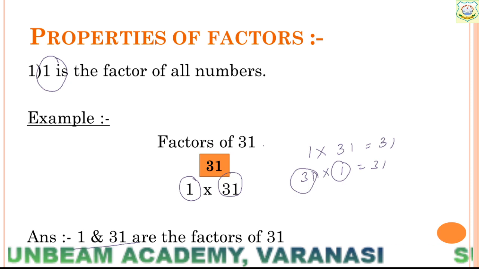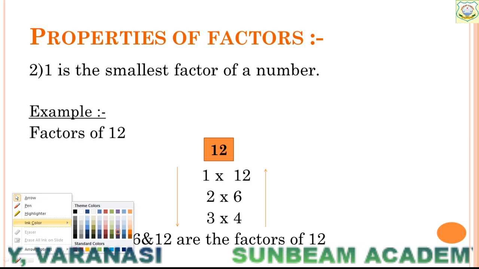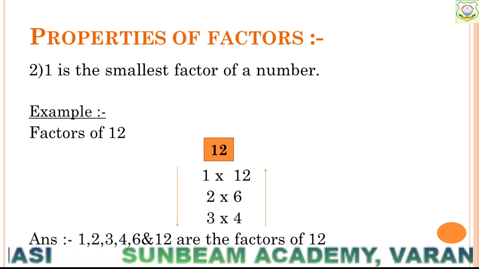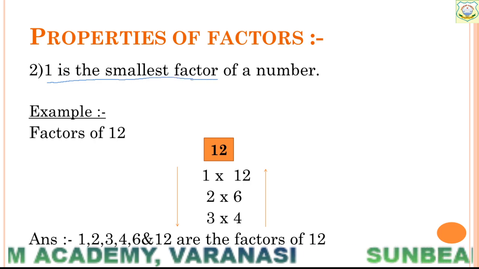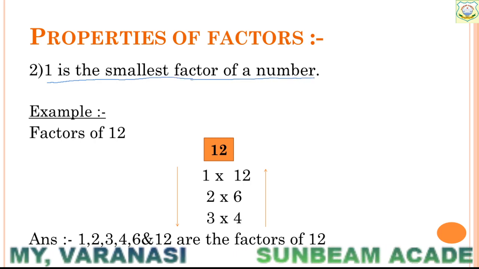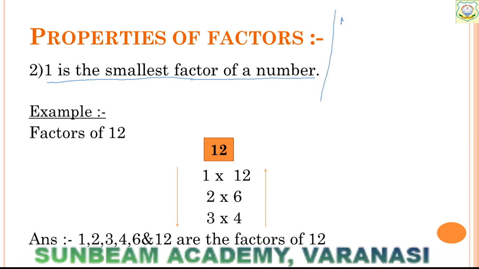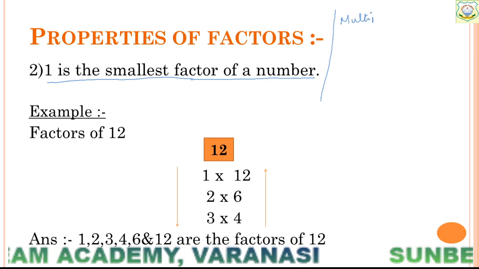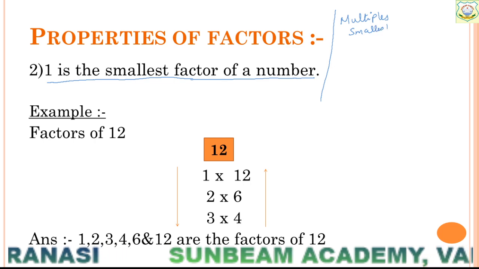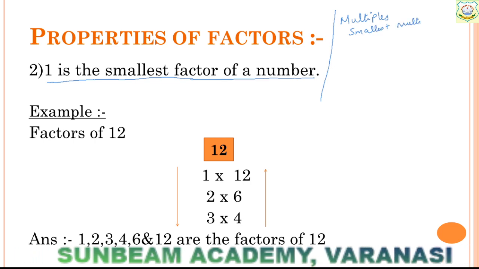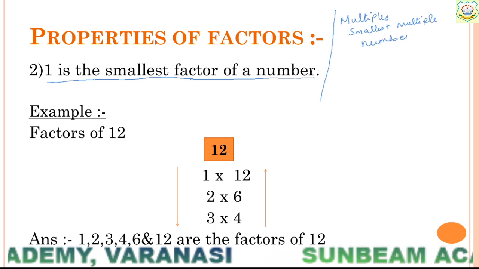Okay? Now the second point is: 1 is the smallest factor of a number. Now I want to tell you one thing. In multiples, there is a smallest multiple, right? The smallest multiple is the number itself. Okay?